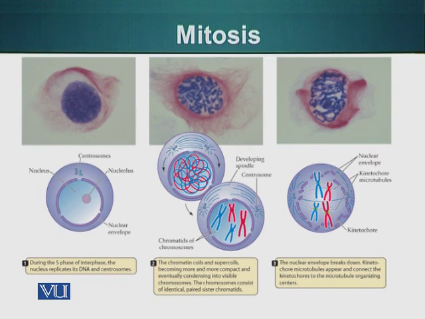In this stage, the chromatin starts to coil and becomes condensed. Remember that this chromatin has already divided during the S phase of the cell cycle. The centrosomes, which have already divided, move to the opposite ends of the cell. We have already talked that centrosomes are the structures from which these microtubules are coming out, and together they're forming the spindle. The nuclear envelope is still intact.